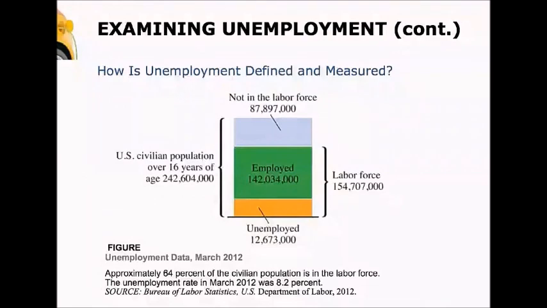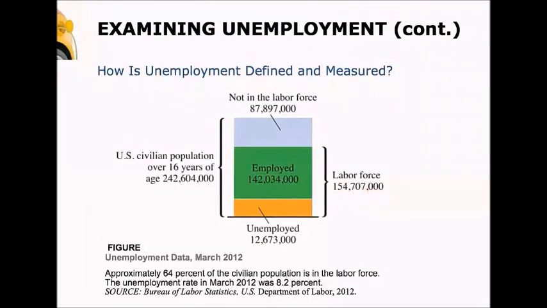Now, how do we add all this up? Well, let's look at data from March of 2012. The total civilian population was over 242 million. There were about 88 million people that were not part of the labor force. They were either retired, they chose not to work, or for whatever reason were not part of the labor force. Then we had those that were employed, 142 million, plus those that were unemployed. Again, those that don't have a job but are actively looking for work, that was about 12.5 million.